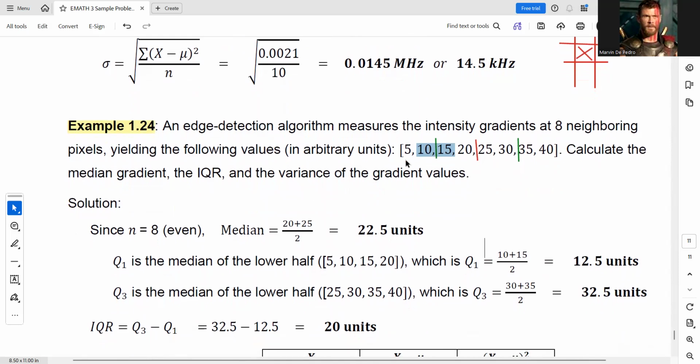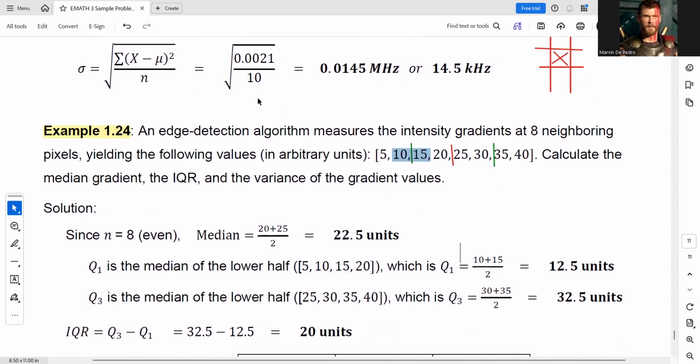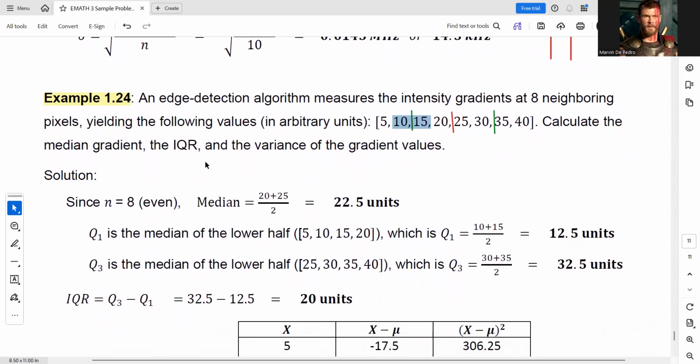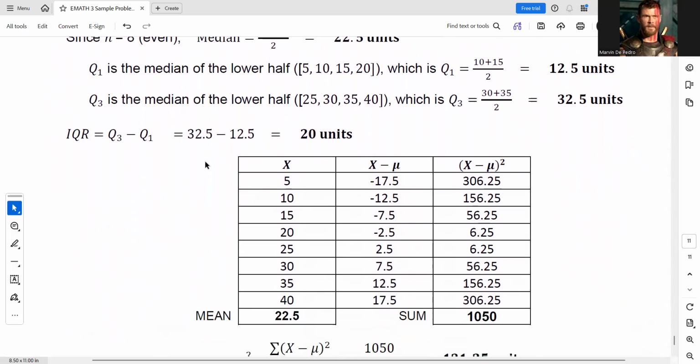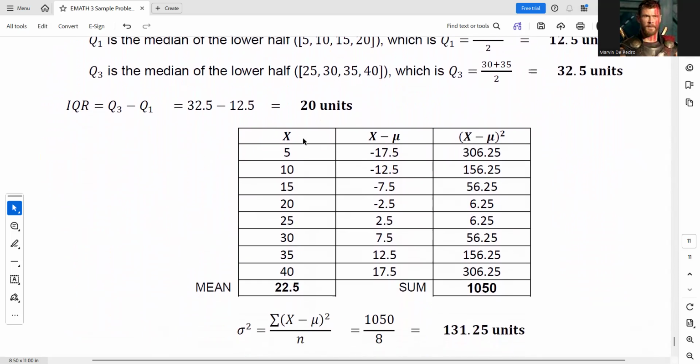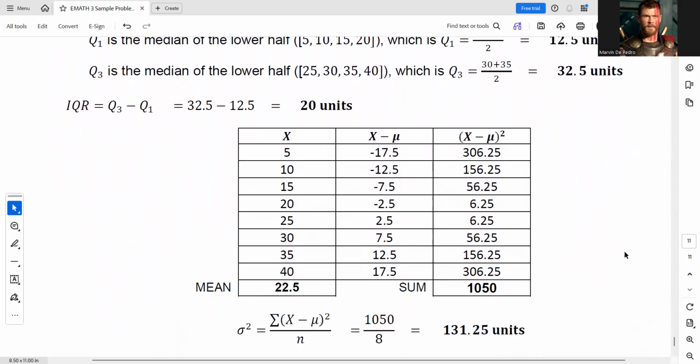And we are also asked for the variance. For the variance, we have a similar formula to the standard deviation, but this time we no longer have the square root, because the variance is the square of the standard deviation. Same process as when we do the standard deviation, but if we square this, the square root is cancelled out.